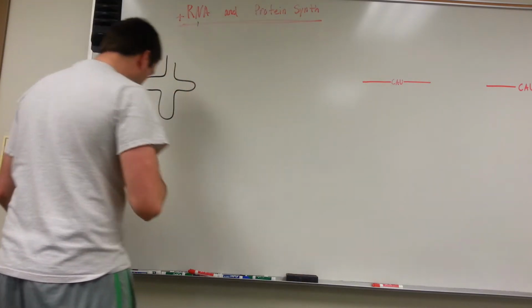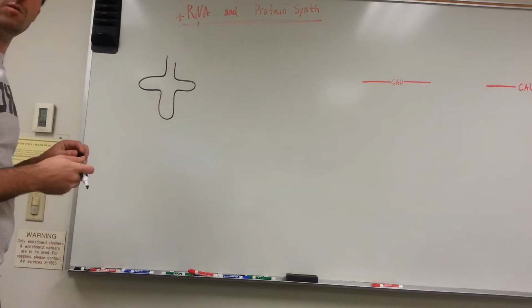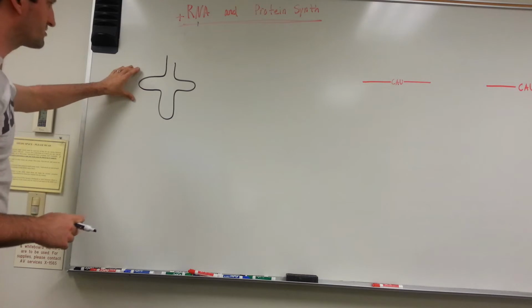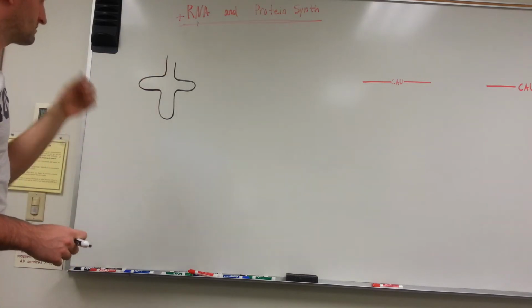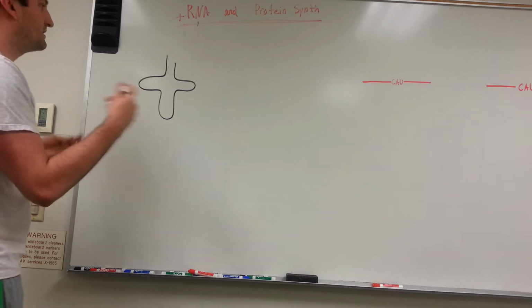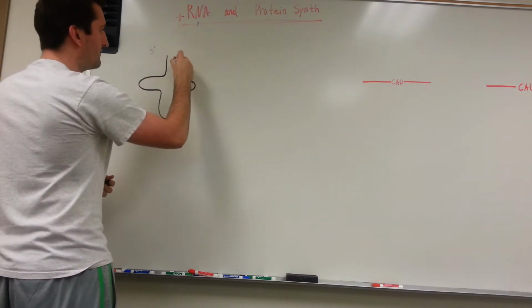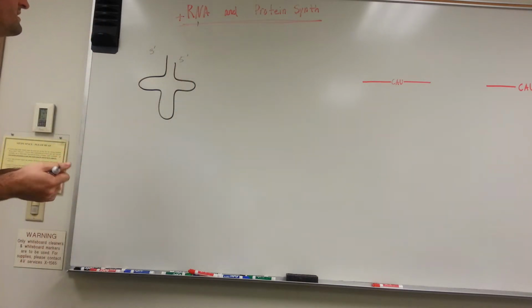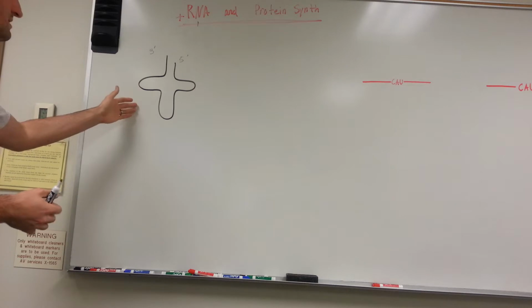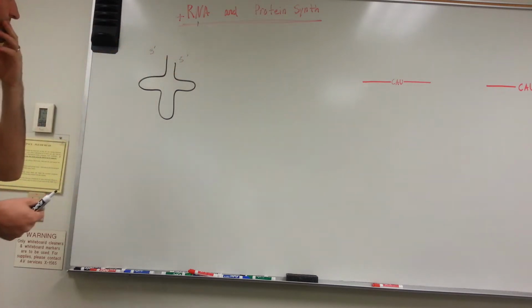Where do we begin? Well, here's the structure of our tRNA molecule. It kind of looks like a clover shape. There are different ends to it. We've got a 3' end and a 5' end. We all know that DNA has a 3' and 5' end, so this is going to be the 3' and 5' end of our RNA.